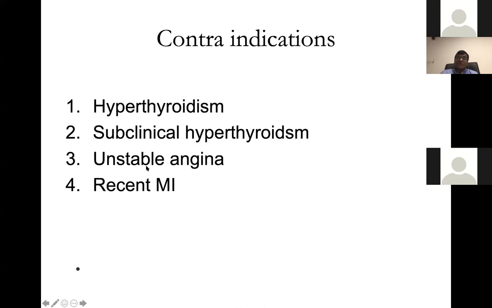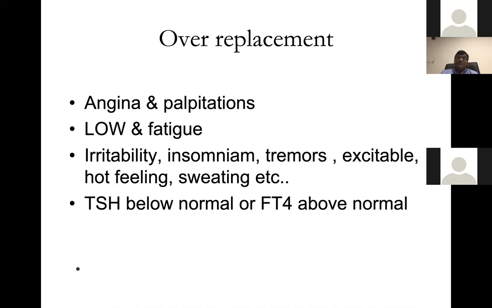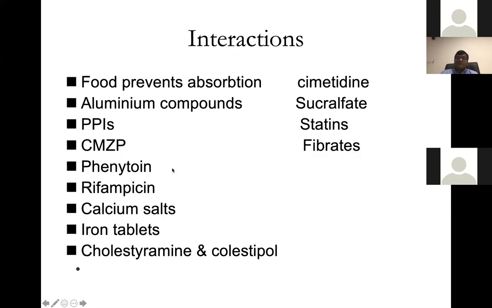So you will not treat immediately, particularly unless they are profoundly hypothyroid, and then again you will go very slowly. These sorts of things can happen with over-replacement of thyroxine. They can get angina, palpitations, all features of thyrotoxicosis.